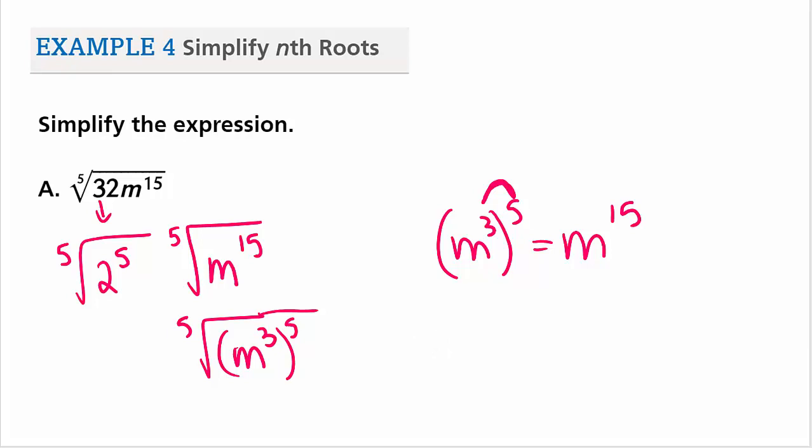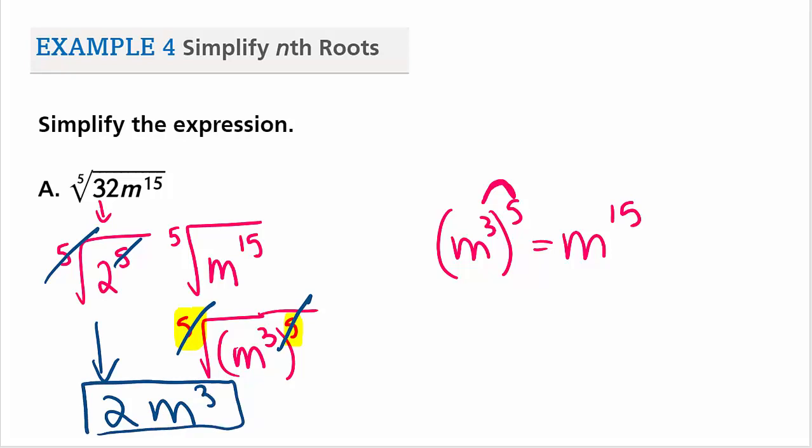So I'm going to rearrange this, and in order to have a 5 on the outside, that exponent of 5, and we want this because it has to cancel with this one, then we need m cubed underneath, because 3 times 5 is equal to 15, which is in our original question. We can cancel the 5th root and the 5. That's going to give us 2. We cancel the 5th root and the 5, and that's going to give us m cubed. And that's our final answer.